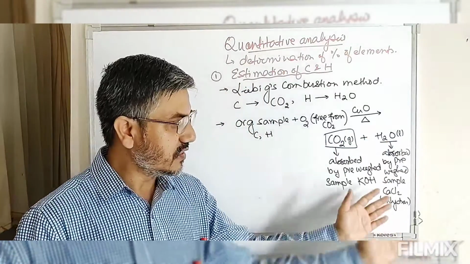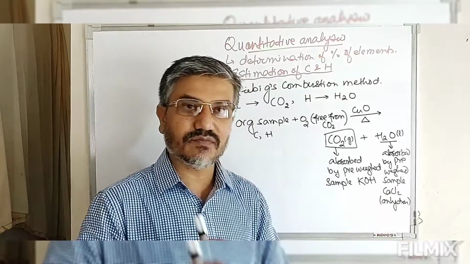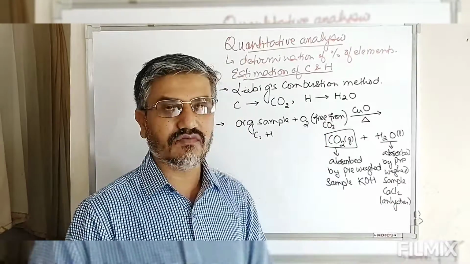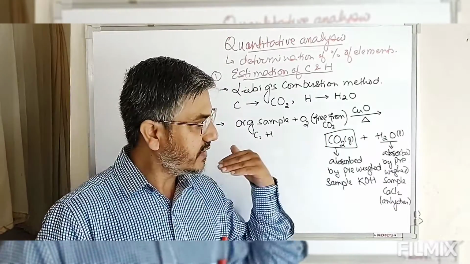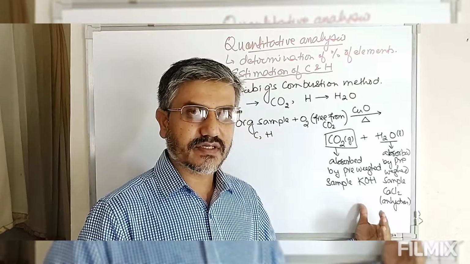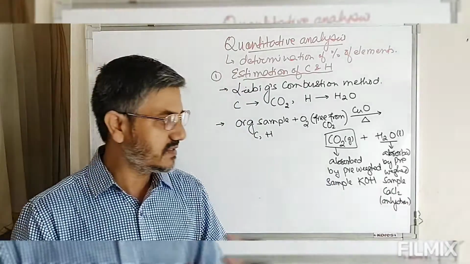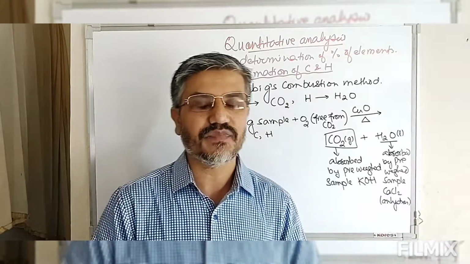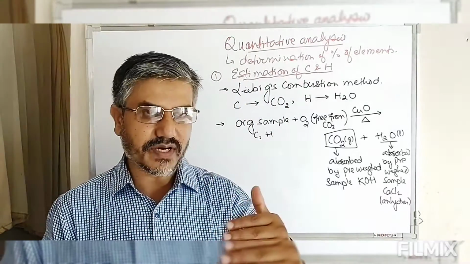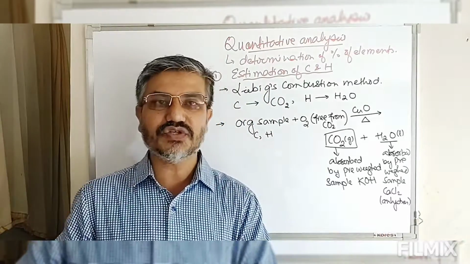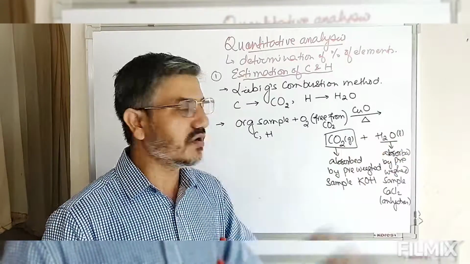We measure the mass of this anhydrous calcium chloride taken for absorption of water. Then this anhydrous calcium chloride will absorb all the water coming from the organic sample and is converted into hydrated calcium chloride. So that is the final mass. The difference between the final mass and the initial mass gives you the mass of water.